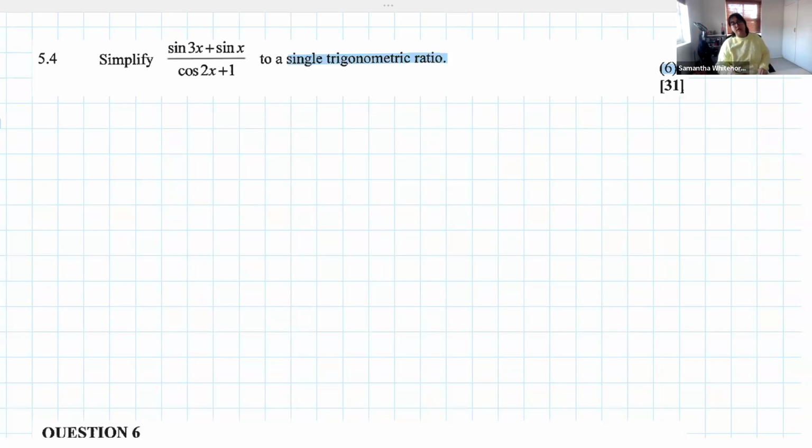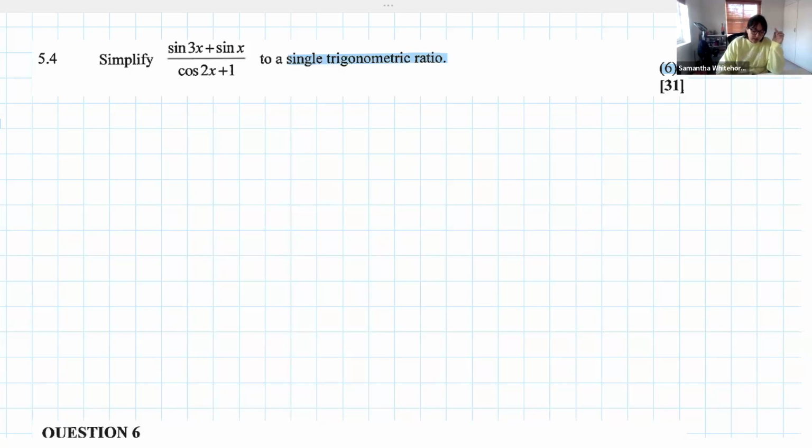So now again, guys, there's a couple different ways that you can do this. It's very much going to be dependent on what you see first. But in my mind, I'm thinking, okay, if I can try and make all of these angles the same, I can get that single trig ratio.